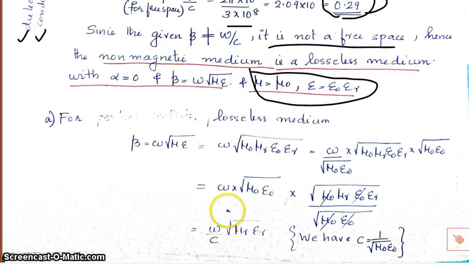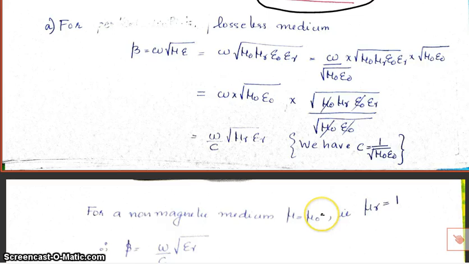Finally I get omega into square root of mu 0 epsilon 0 into square root of mu r epsilon r, which I can write as omega by c into square root of mu r epsilon r, because c is equal to 1 by square root of mu 0 epsilon 0.